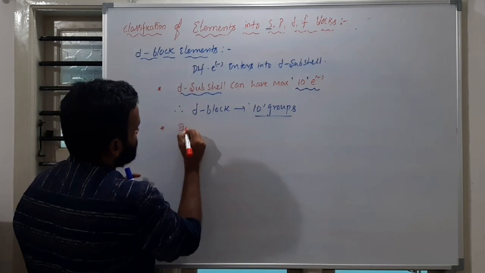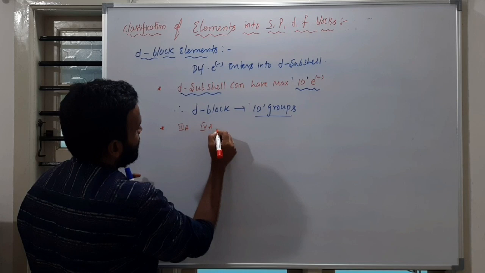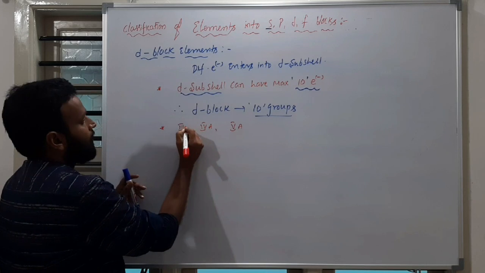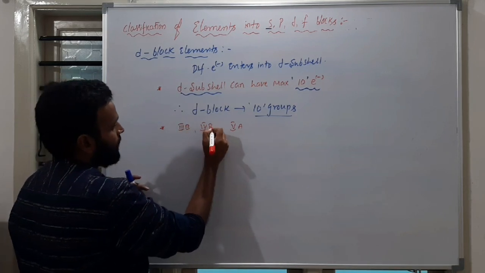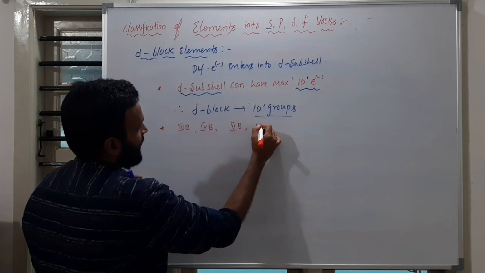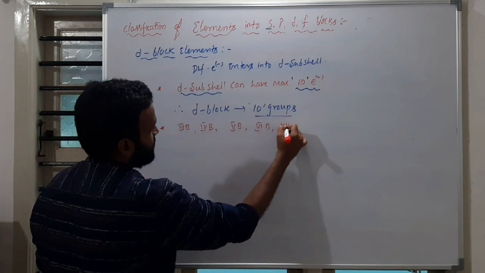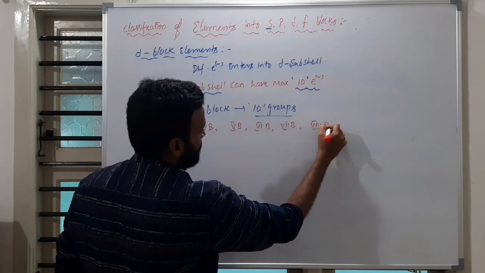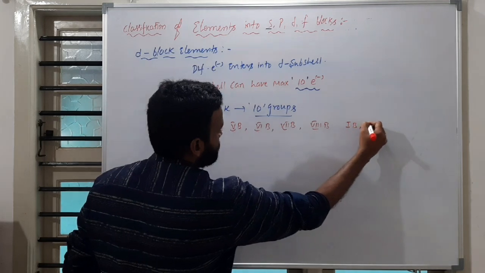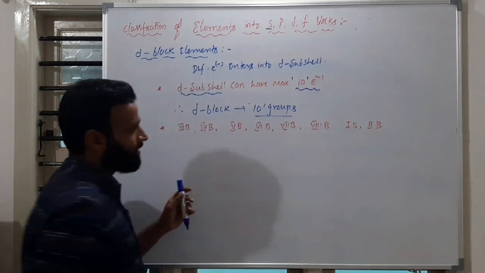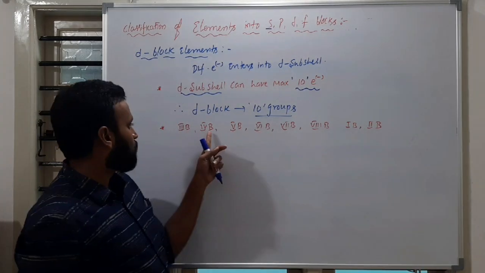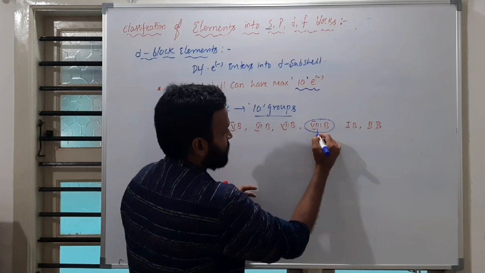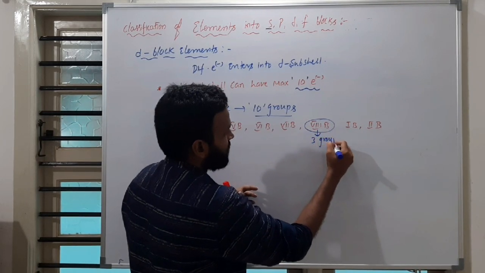Now come to the particular groups in this D block. It starts with 3A, I told you. Sorry, not A, they are B: 3B, 4B, 5B, 6B, 7B, and 8B, and then 1B as well as 2B. If you count, here you have 8: 1, 2, 3, 4, 5, 6, 7, 8. But this 8B consists of 3 groups in which triads are present.